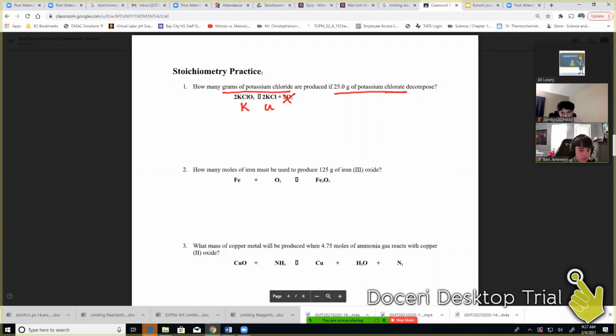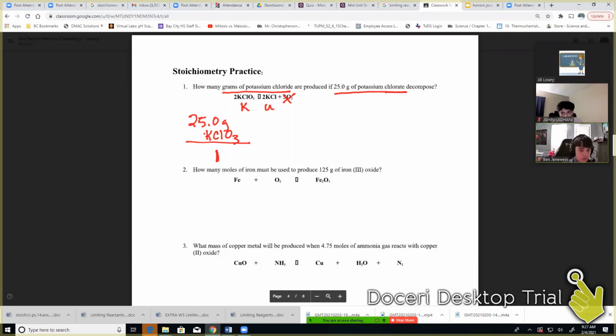So I'm going to start with my given, which is 25 grams of KClO3. And like I said, if you put it over 1, it'll help you out. I'm outside of the box right now.